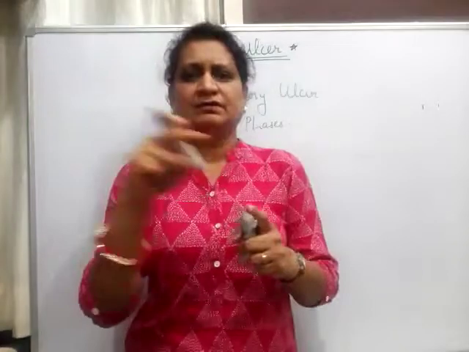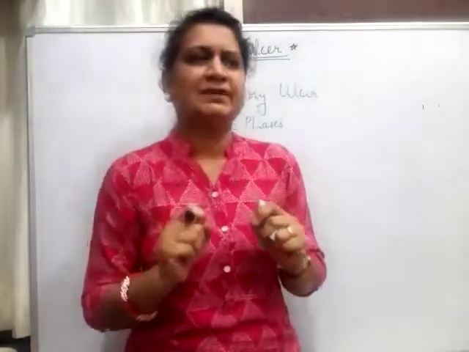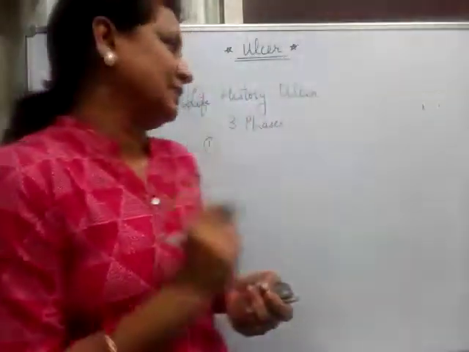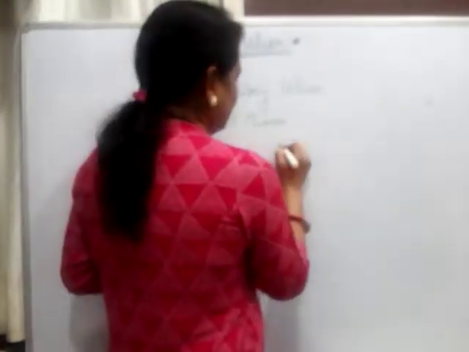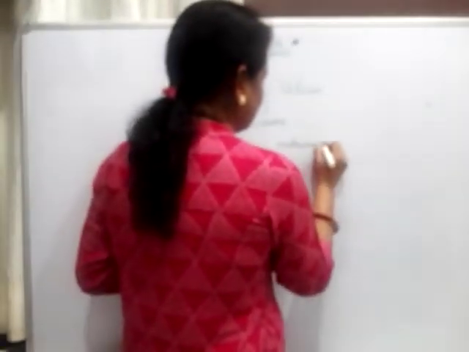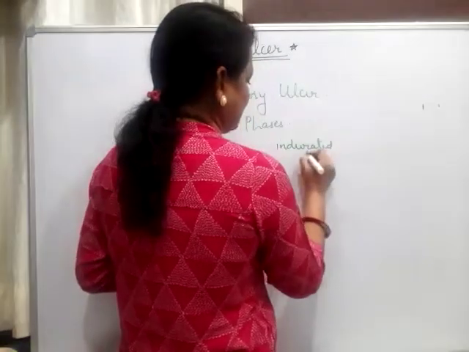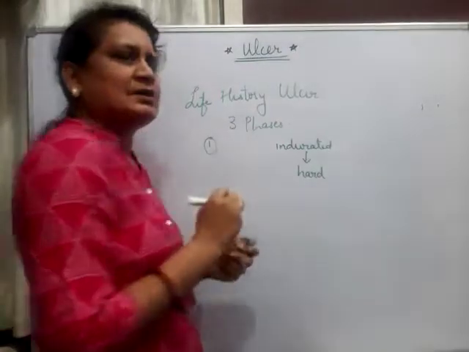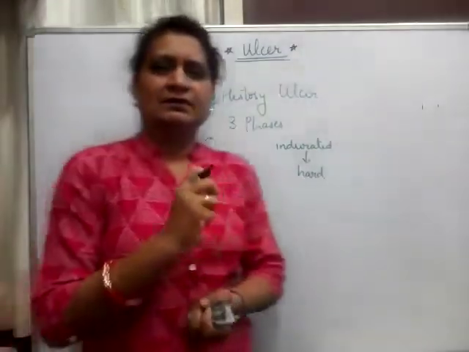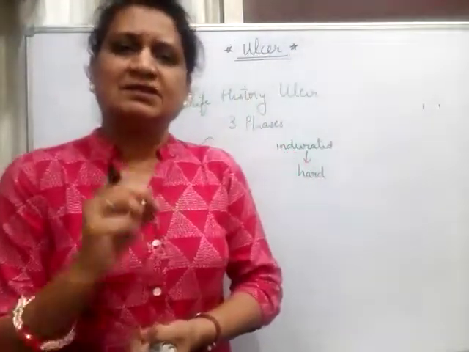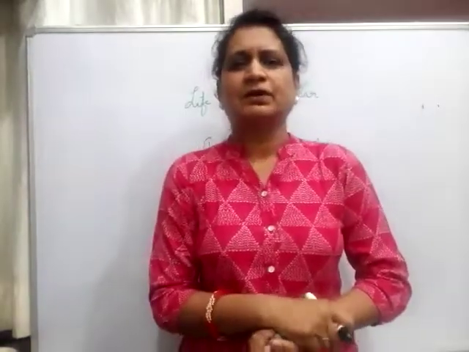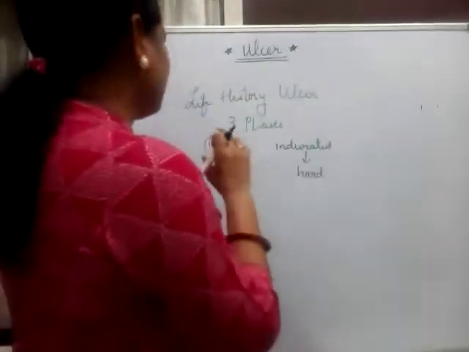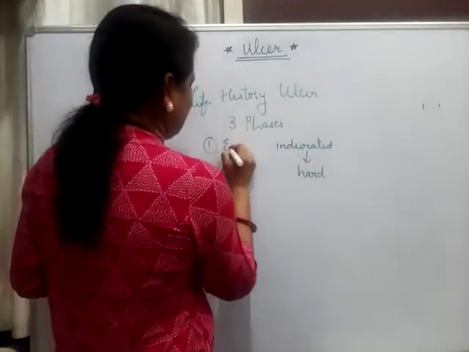The margins of the ulcer are sharply defined. The base of the ulcer, which we can feel, is indurated. Indurated means hard to touch. The discharge from the ulcer is usually purulent and sometimes blood stained. So that is the first stage, that is stage of extension.